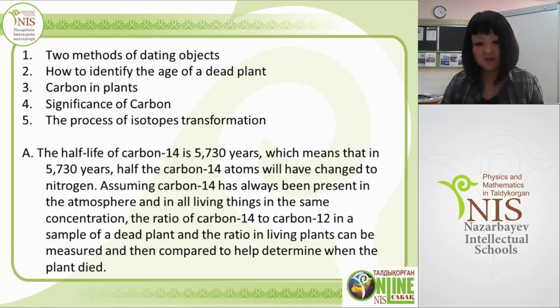At the same time, we can clearly see some keywords here like a dead plant, the ratio in living plants, when the plant died. Look through the list of the names and choose the number.